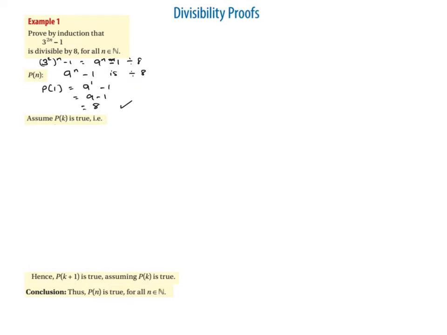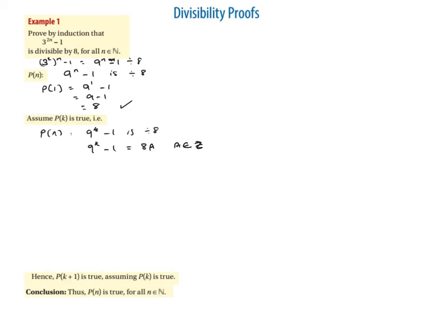Okay, so we're going to do what we did before. We're going to assume that P of k is true, which means we're just going to change all the n's to k. So we have P of k here. We're going to say that 9 to the k minus 1 is divisible by 8. And we could write this another way mathematically and say that 9 to the k minus 1 must be equal to 8 times some number, which we're going to call a, where a has to be a member of the integers.